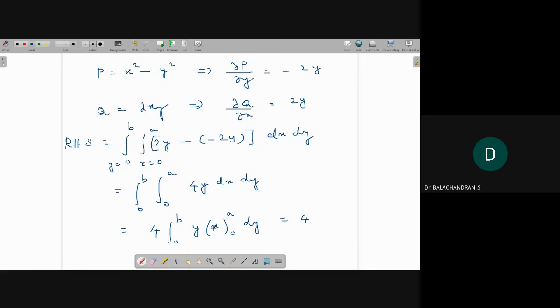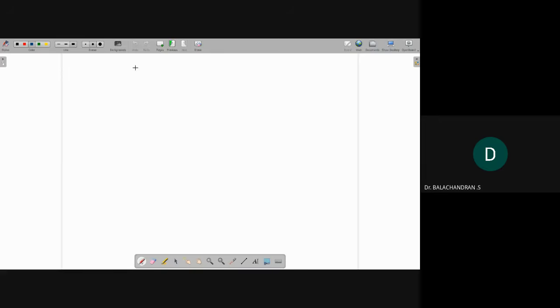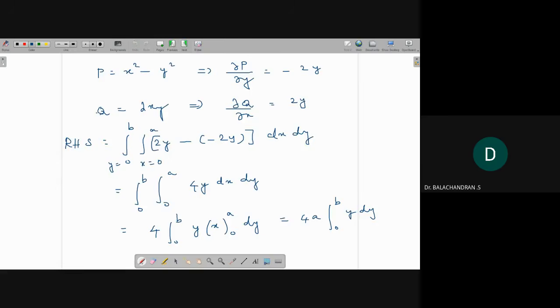If you apply the limits, you get a minus 0. So I'll take a outside the integral, because a is a constant. Remaining you have the integral from 0 to b of y dy, which is equal to 4a times the integration of y dy.